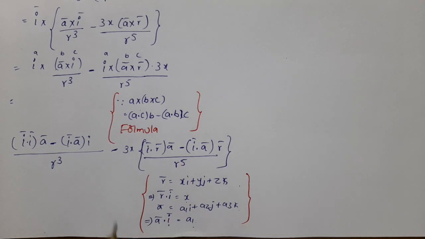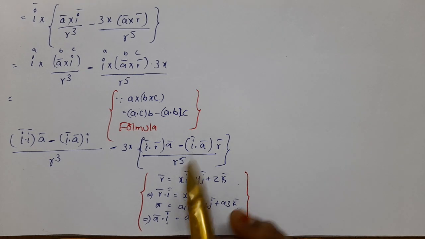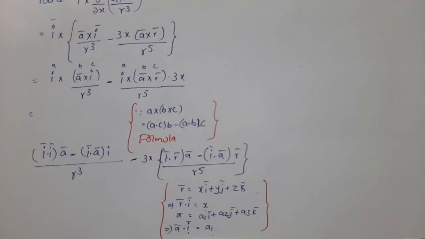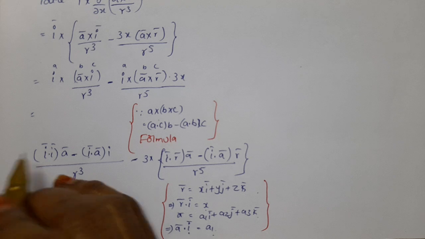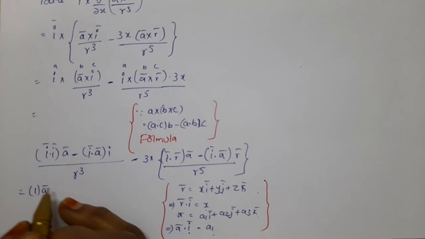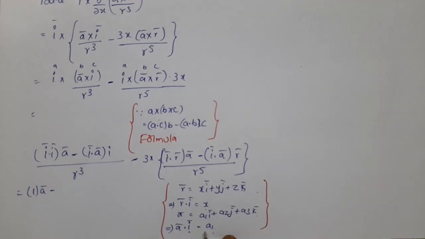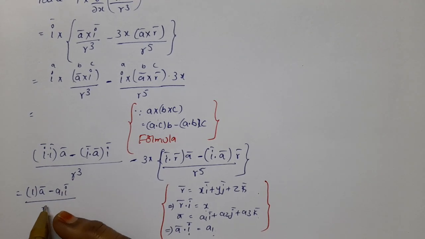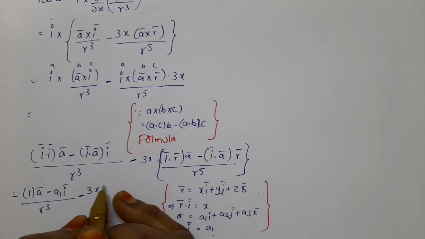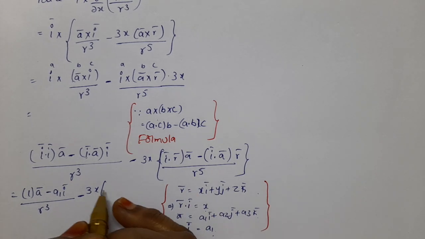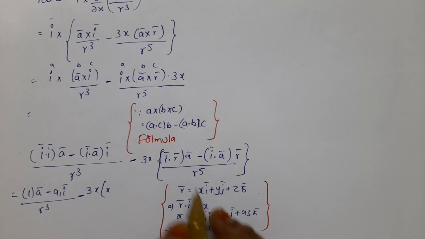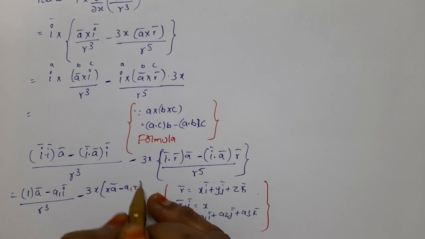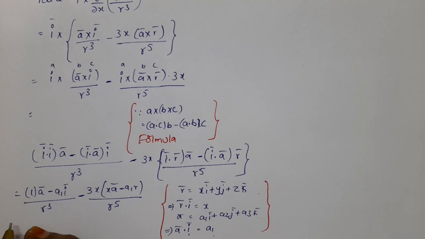Now apply these values here. Here this formula is important. This equals I dot I which is 1 times a bar minus a bar dot I which is a1, times I, by r cube, minus 3x times r bar dot I, that is x, times a bar minus a bar dot I, a1, times r, by r power 5.